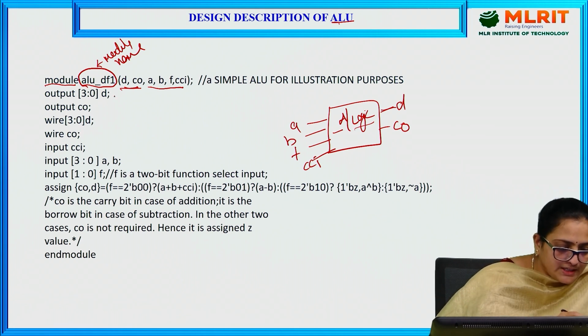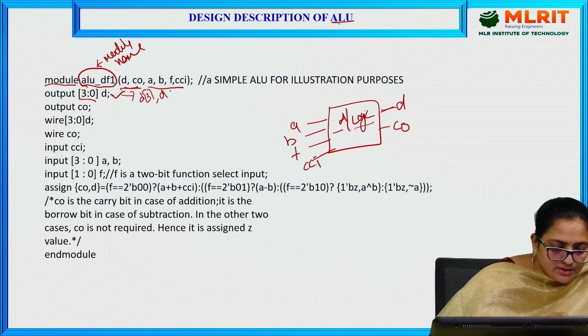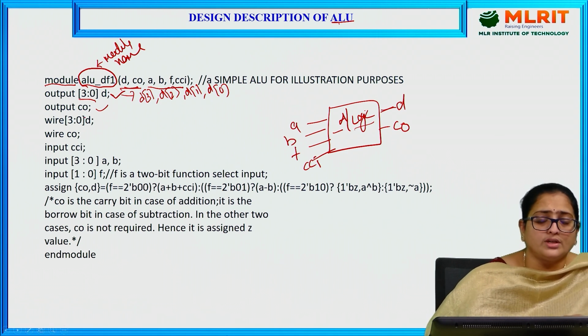See, this D is a vector representation, output [3:0] D. This represents D as a 4-bit vector, that is D of 3, D of 2, D of 1, D of 0. And output C0. You should not declare scalars and vectors with a single output keyword.